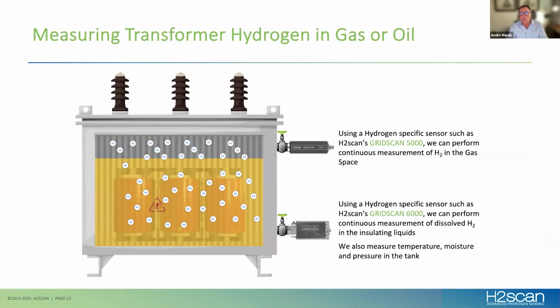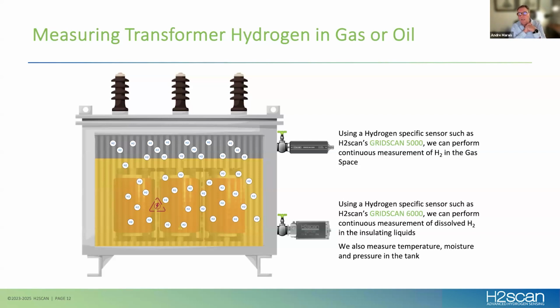If we install hydrogen-specific sensors on the transformers, a typical example shown in this diagram being the H2scan Grid Scan products, we can perform continuous online measurement of hydrogen. We can measure it in the gas space typically, but we can also measure it in the oil space. Today's monitors are not as simple as just picking up hydrogen.